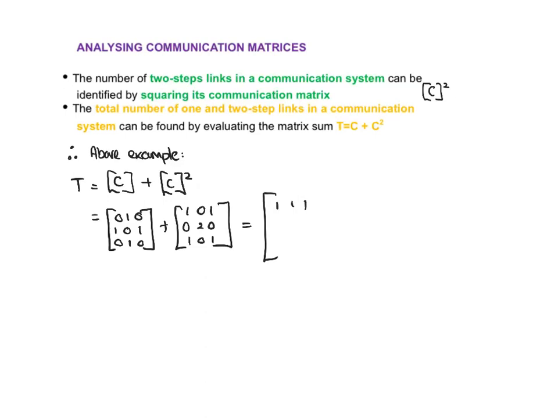I get 1, 1, 1, 1, 2, 1, and 1, 1, 1. So if you think about it, this was X, this is Y, and Z. If they were asking you who has the most total of 1 and 2 steps, well, X has 3, Y has 4, and Z has 3.